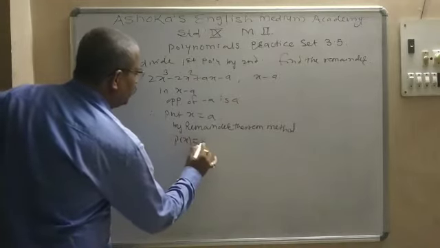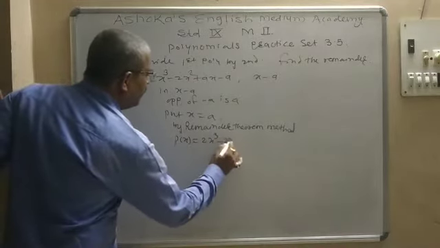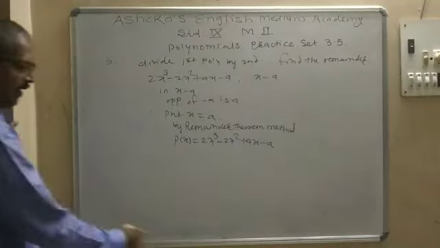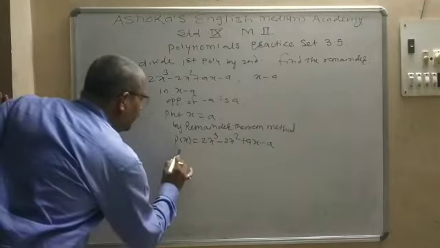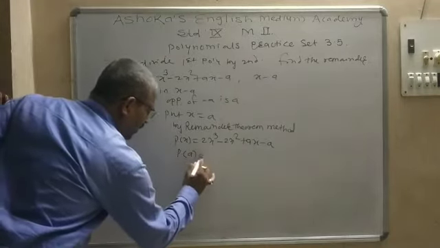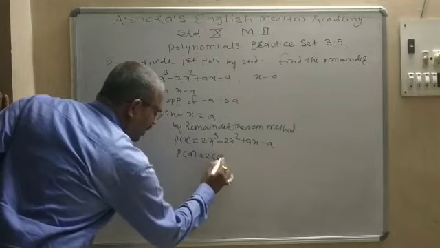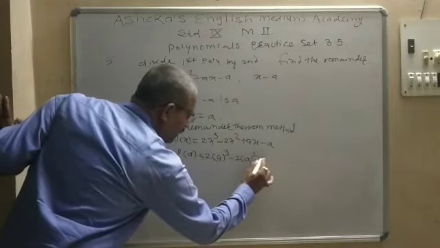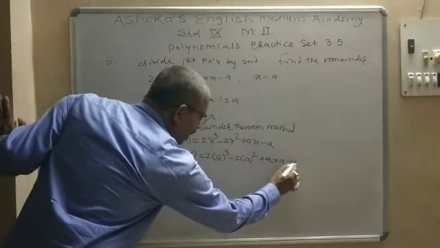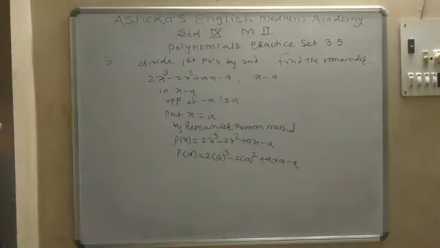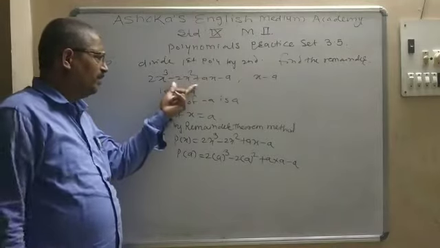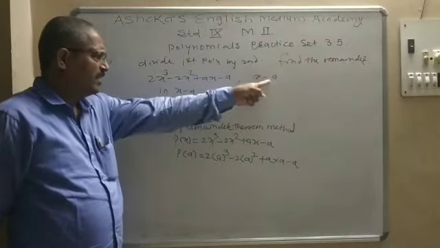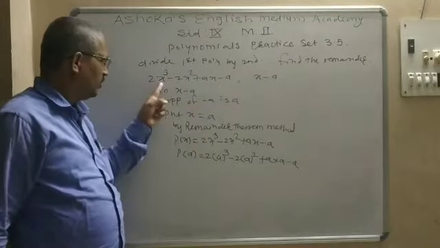Px is equal to 2x raised to 3 minus 2x square plus ax minus a. Now P of a is 2 into a raised to 3 minus 2a raised to 2 plus a into a minus a. Whatever the polynomial, in that polynomial we put a in place of x.